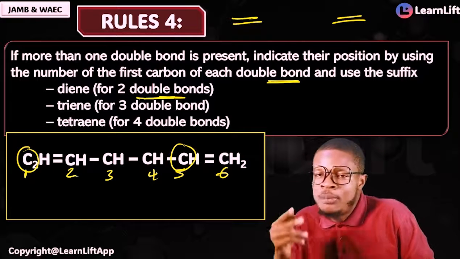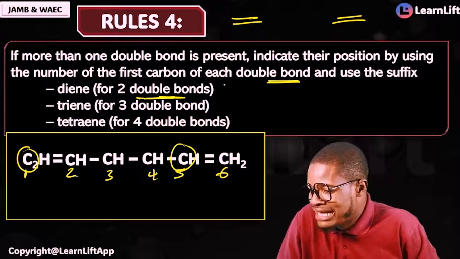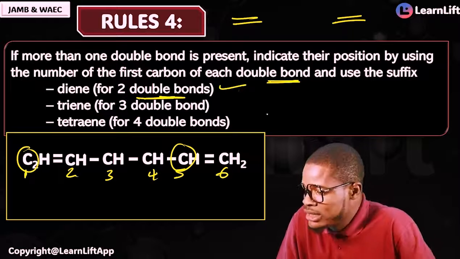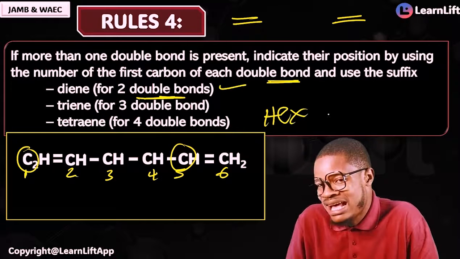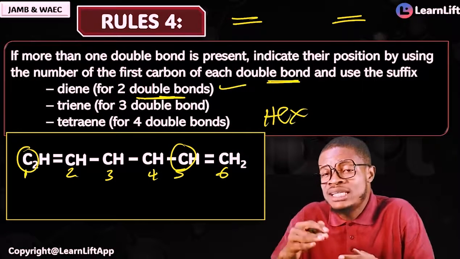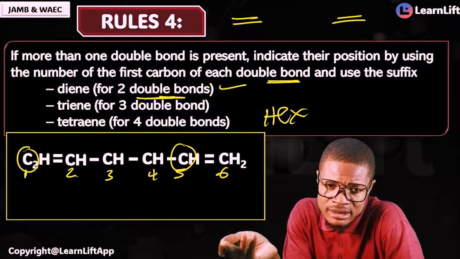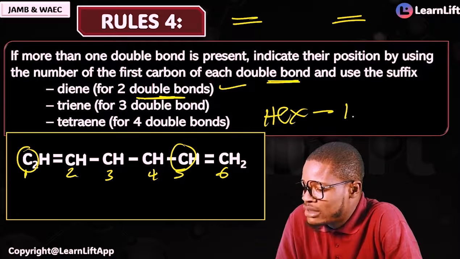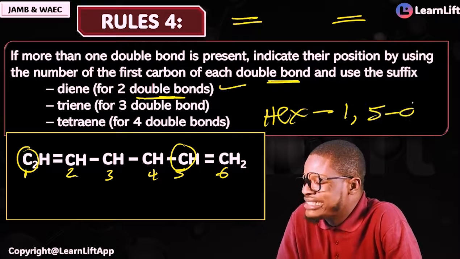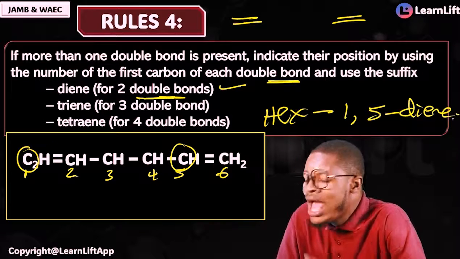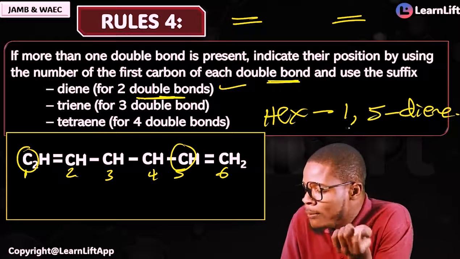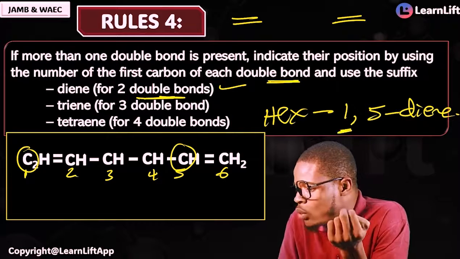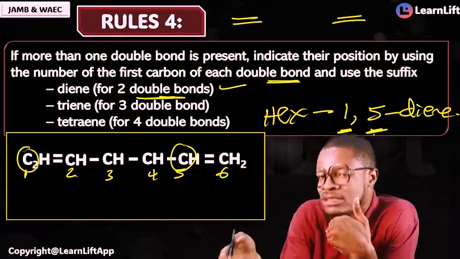You see that the double bond has come twice, so it's going to be diene. 6 is hex. We're supposed to call it hexene normally. But what do we call it now? Hexa-1,5-diene. Why is it di? The double bond has come twice, on carbon 1 and on carbon 5. That's why it is diene.